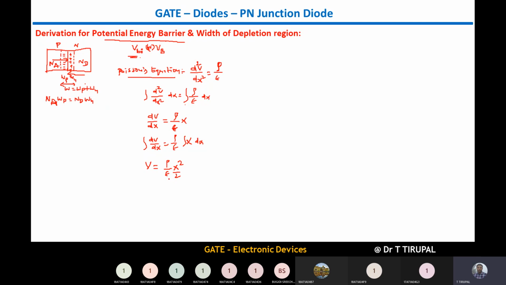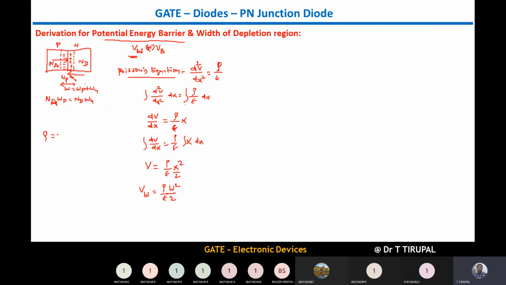Now I got this, which is called the built-in potential. This built-in potential is given by VBI equal to rho by epsilon into x. I can consider x as the width of the depletion region, so I can write W square divided by 2.